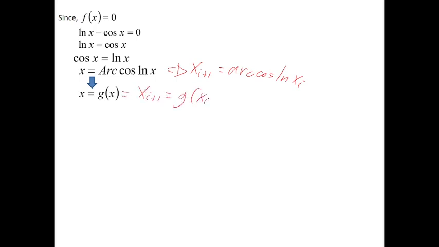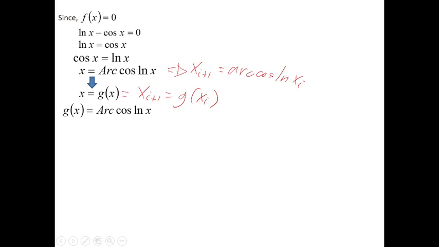So, ito ngayon yung ating bagong version ng x equals g of x. So, this is now x sub I plus 1 equals arc cosine ln x sub I. So, x sub I plus 1 equals g of x sub I. Okay.